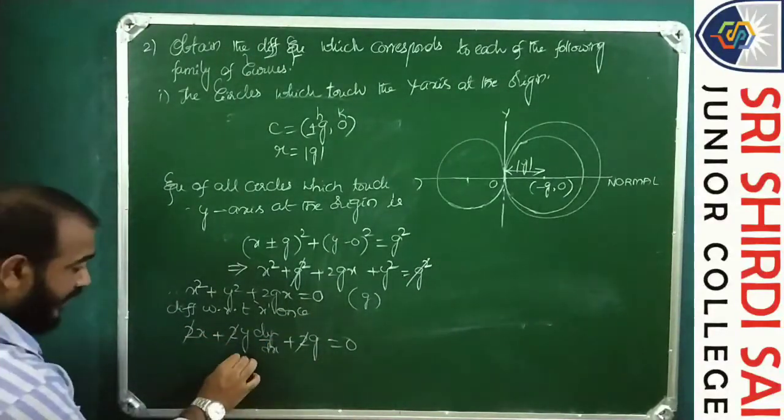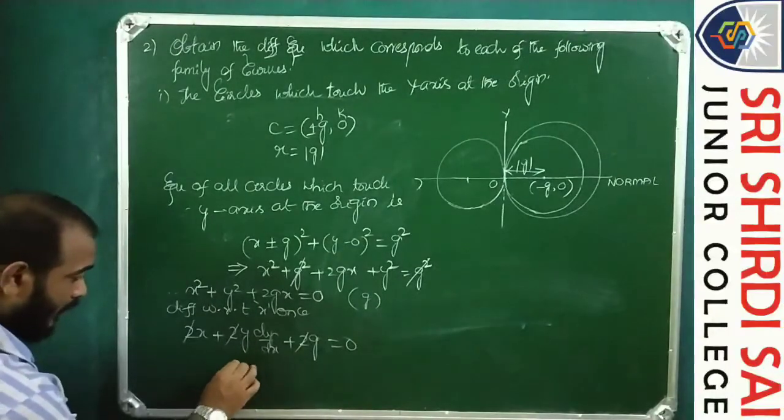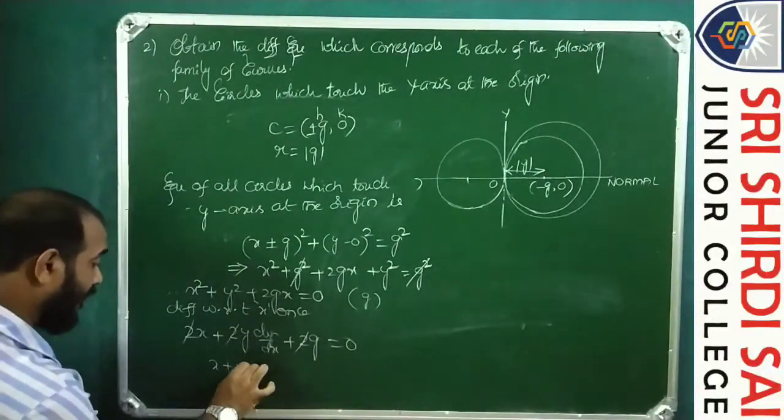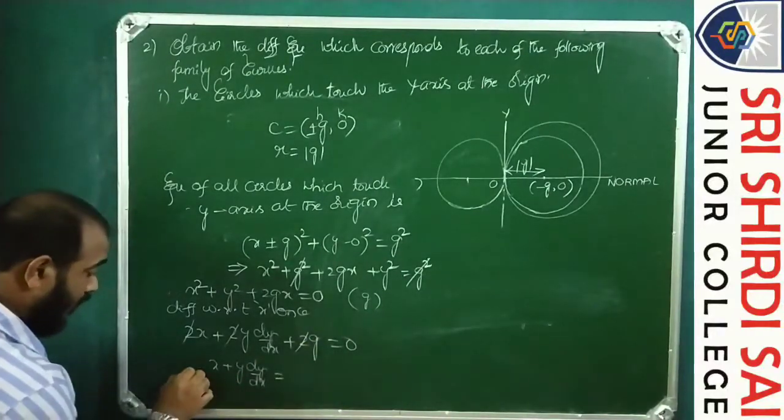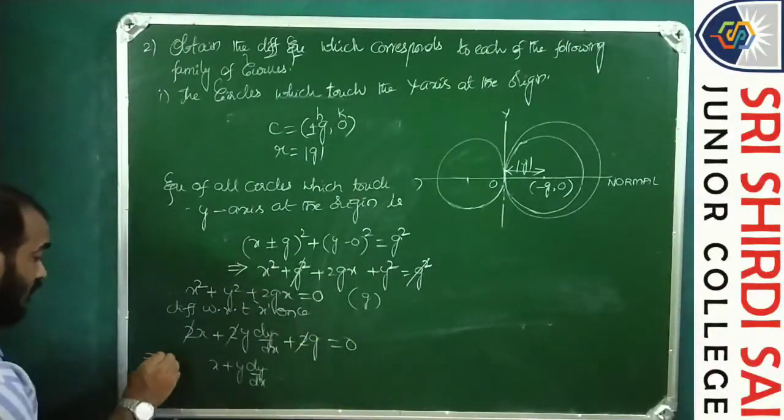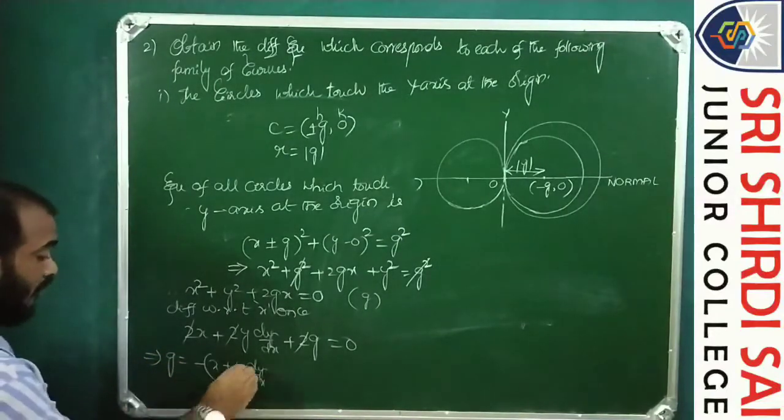Now x plus y dy by dx equals minus g, or g equals minus of (x plus y dy by dx).